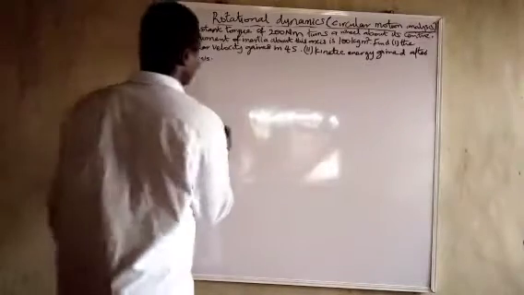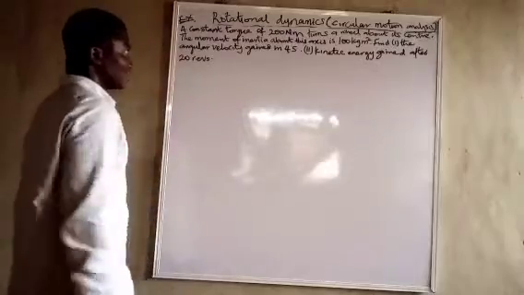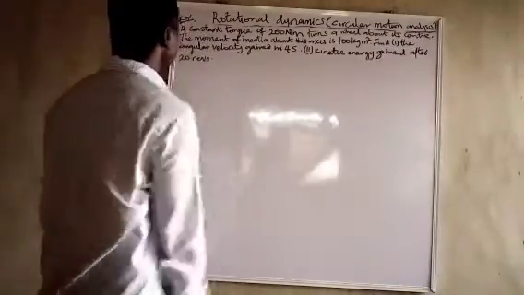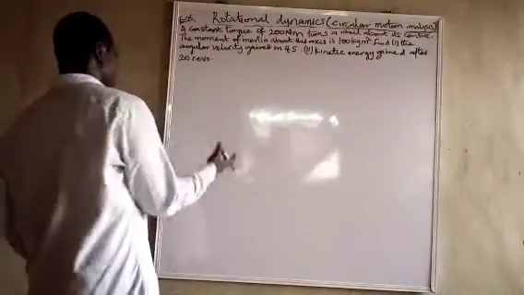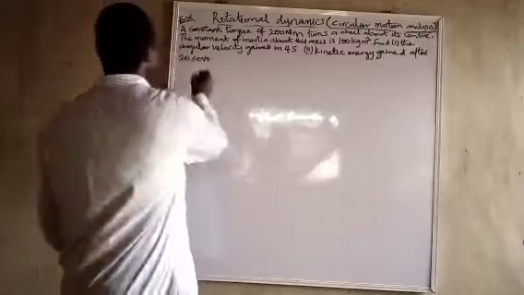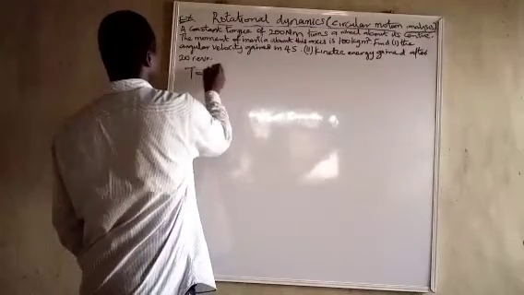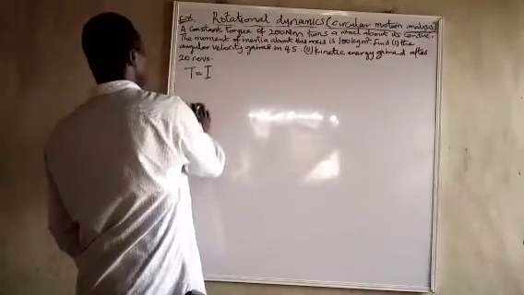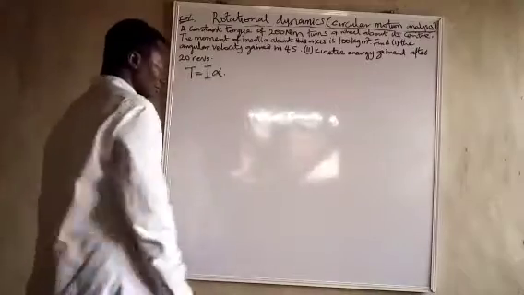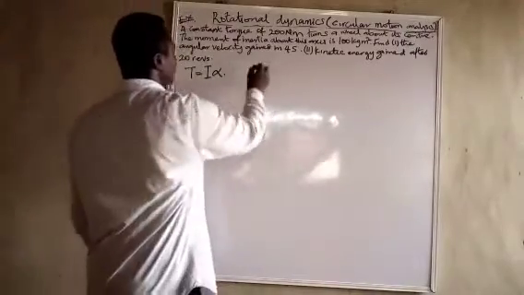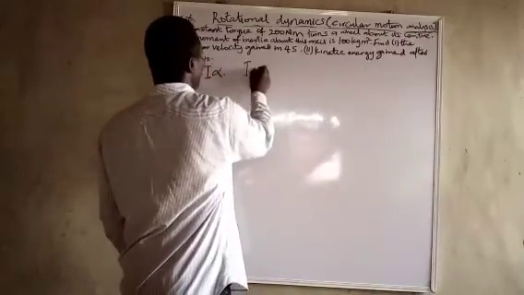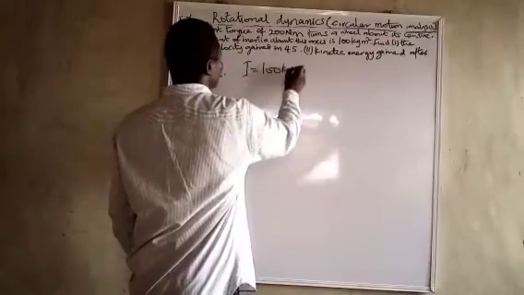Now, there are some expressions already known with respect to torque, angular velocity, and angular acceleration. We know that torque is equal to moment of inertia times angular acceleration. We are told that the moment of inertia about the axis is 100 kg/m squared.